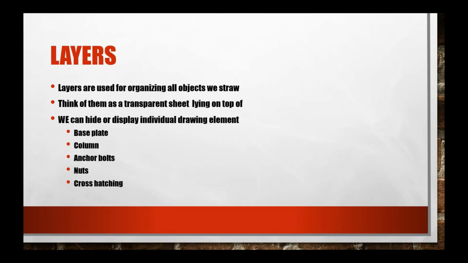Say there is one object on one layer and another element on another layer. If we hide one layer, we can see it hides. It is about managing your elements: which elements you want to show, which elements you don't want to show. It depends on the entire system how layers will be made.